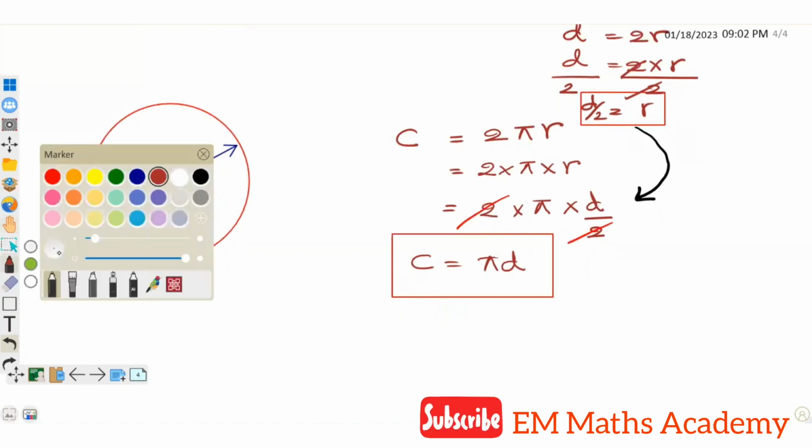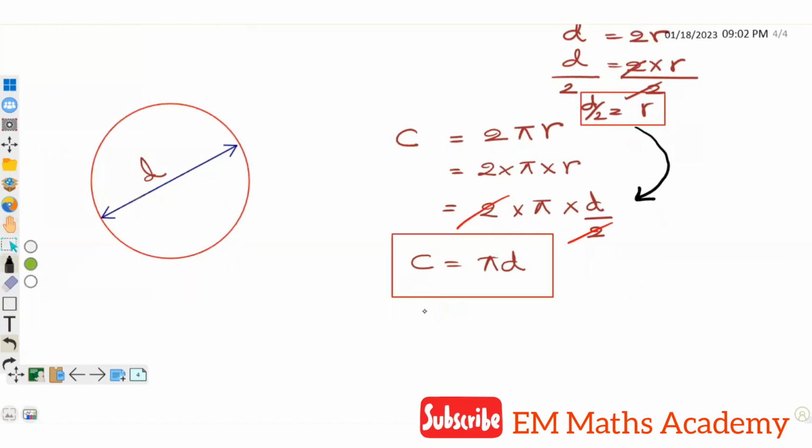Okay, then let's write the terms of this formula. It is circumference, D stands for diameter. Okay, write down this also.